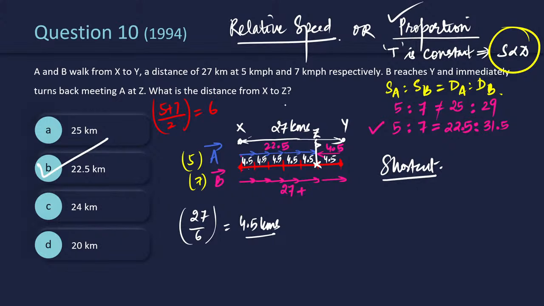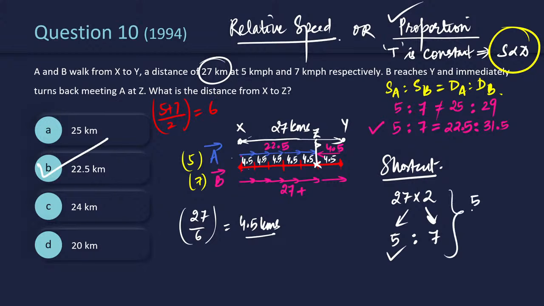X to Z, A is going to cover. So what you are going to do is, this total distance 27, you double it, and you are going to divide this in the ratio 5:7. This will give you the answer. In other words, this becomes 5 by 5 plus 7, 12th of 27 into 2.